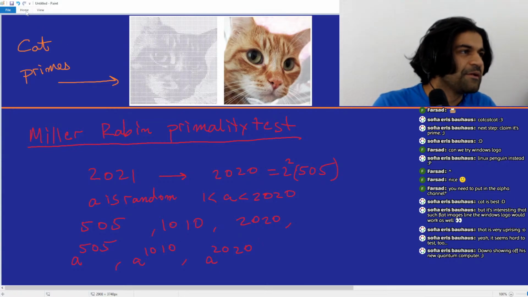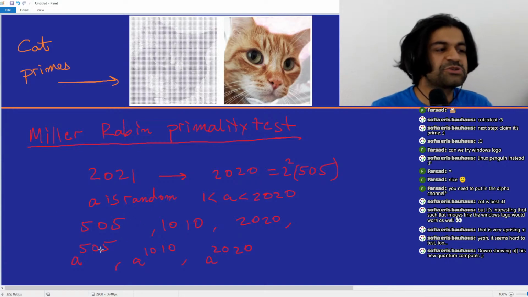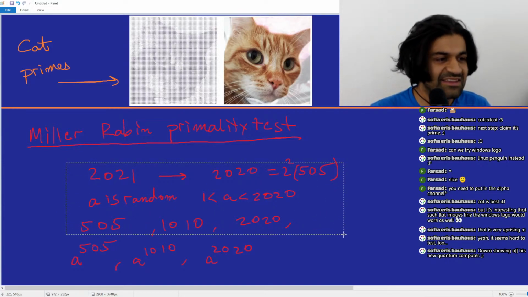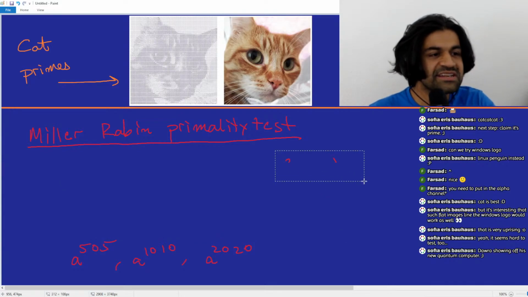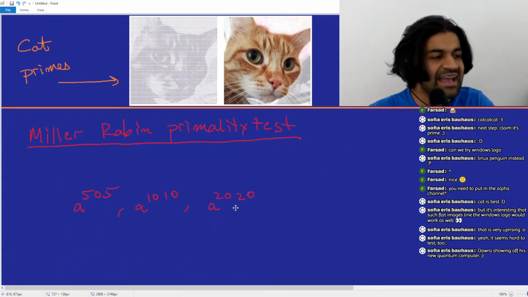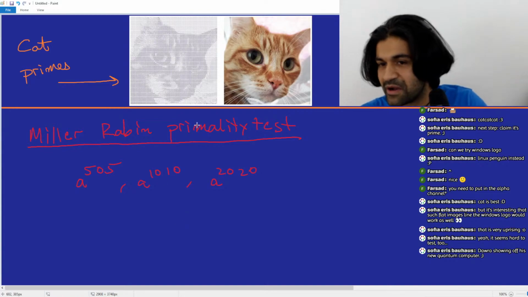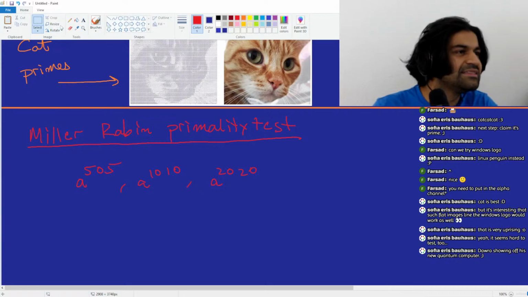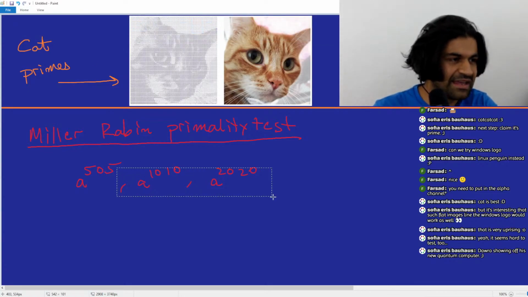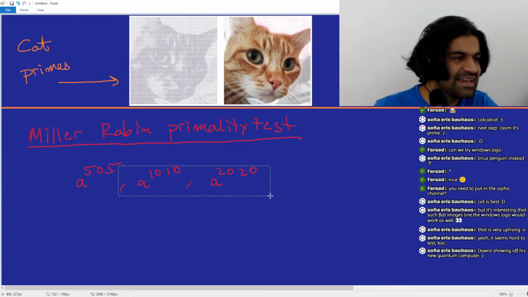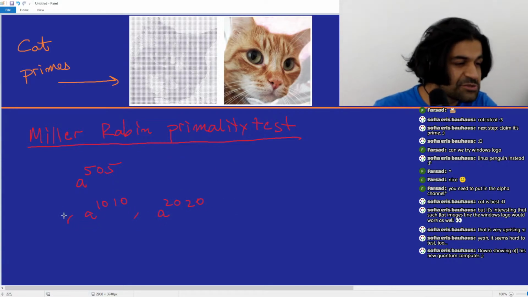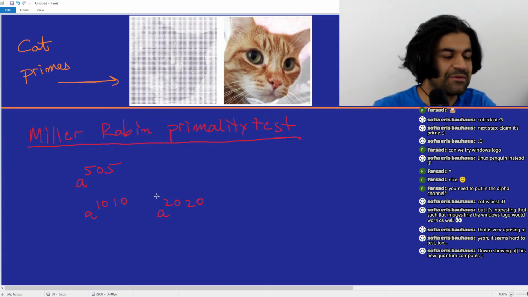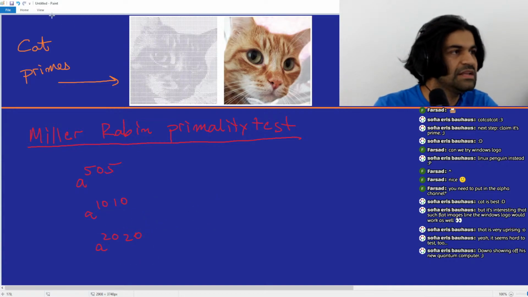Okay, so that might seem like a lot, but remember, we're doing these mod 2021, so I'm not interested in actually what A to the 505 is. I'm interested in the remainder when you divide A to the 505 by 2021, which is a lot easier to figure out. So the numbers I'm interested in are A to the 505 mod 2021, A to the 1010 mod 2021, and A to the 2020 mod 2021.